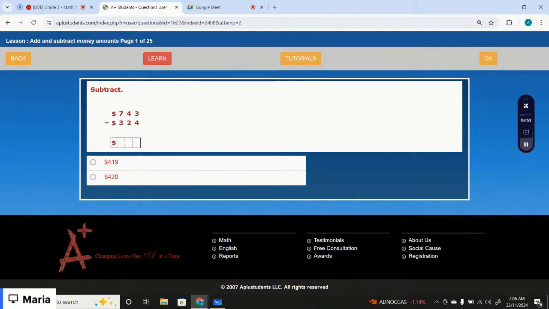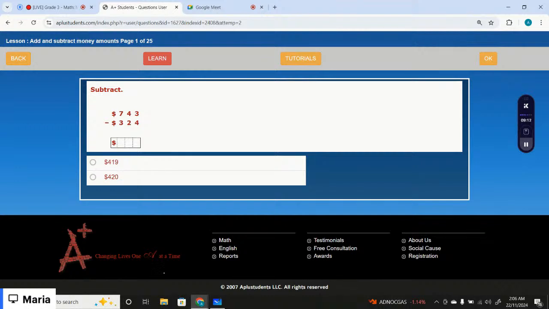So subtract the same way like we do the numbers, right? We were working on the grade 3 math. The chapter we are on right now is money, and I'm on the very first lesson, that is add and subtract money amounts.